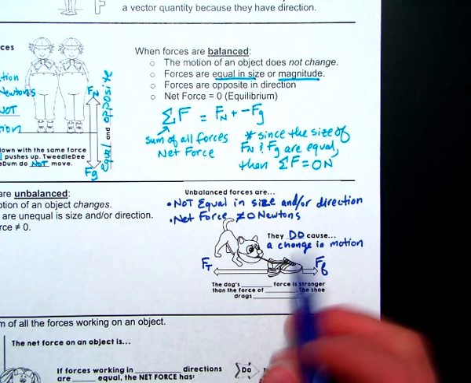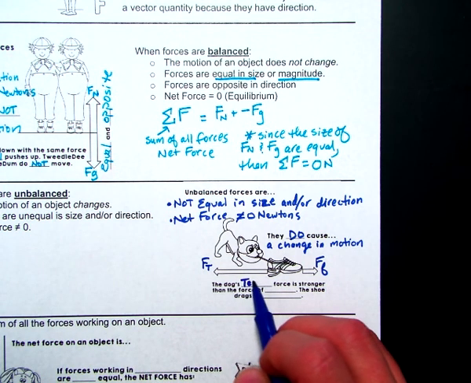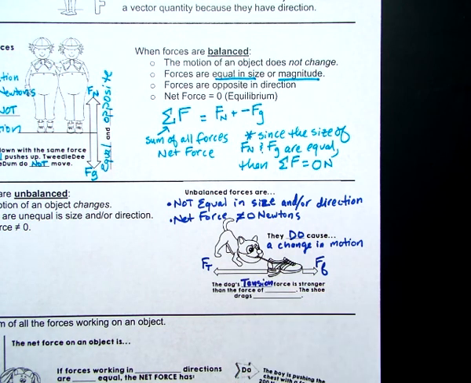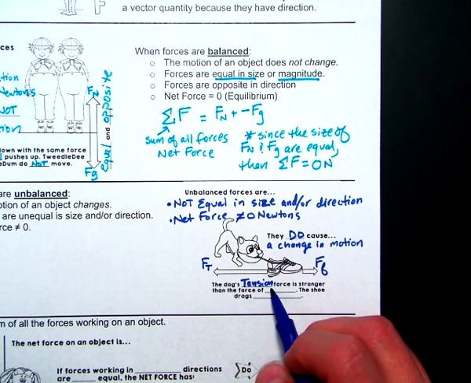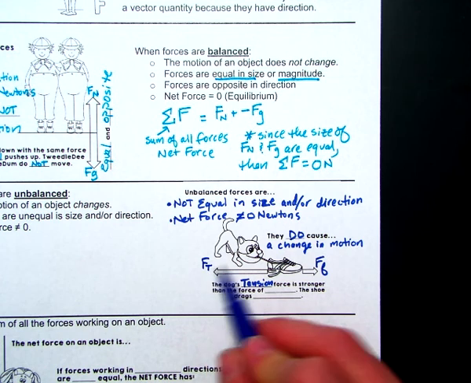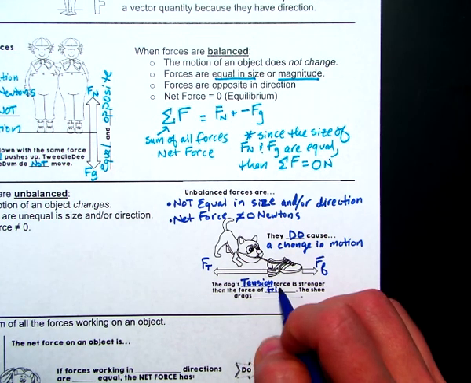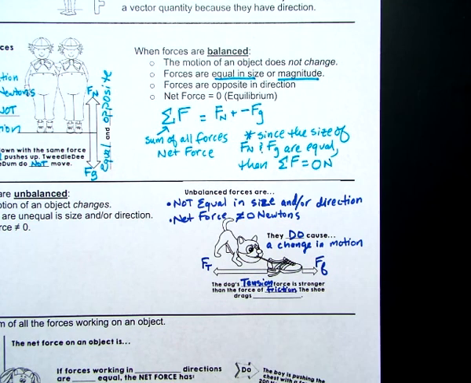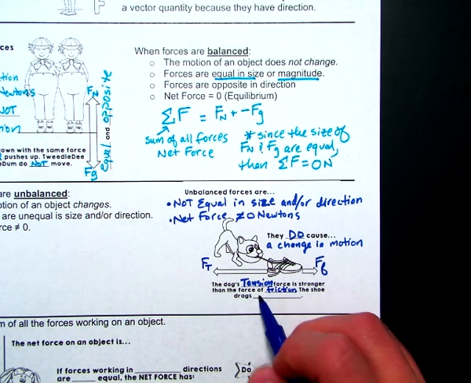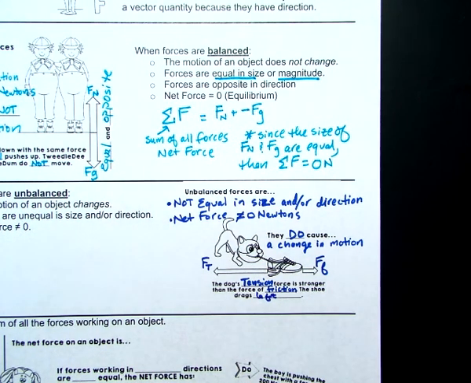So what will happen is the dog's tension force is stronger than the force of friction. Which way will the shoe drag then? In the direction of tension, you bet. So we're going to say to the left. So it's going to be in the direction of the tension force, okay?